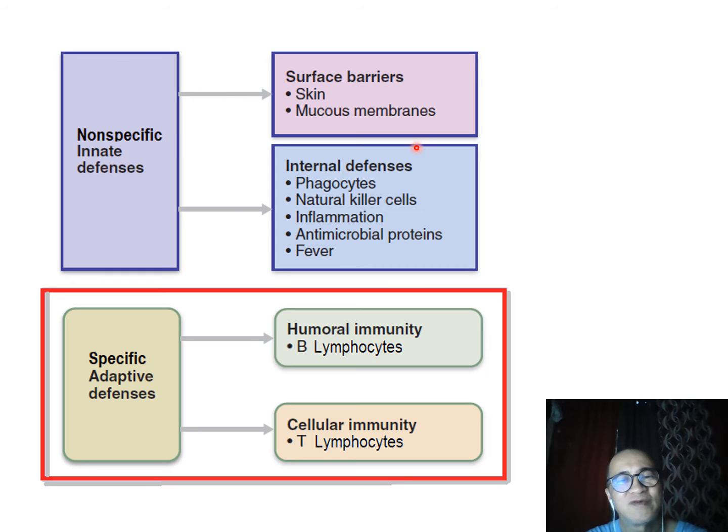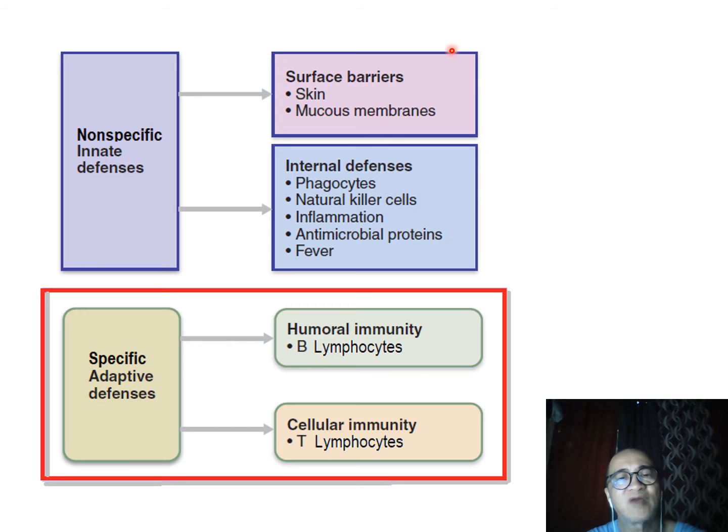As we have learned from the past video lecture, the nonspecific innate defenses include surface barriers and internal defenses that are not specific for any particular antigen. The specific adaptive immune system, on the other hand, is very specific about which particular antigen it will bind to and attack, and is conventionally classified into two parts: humoral immunity and cellular immunity.